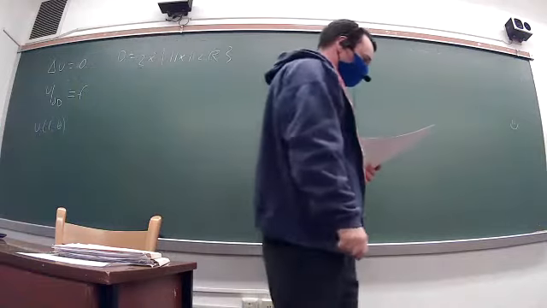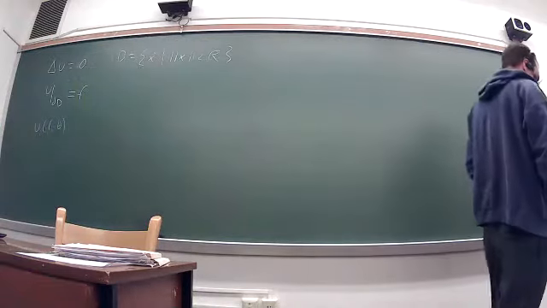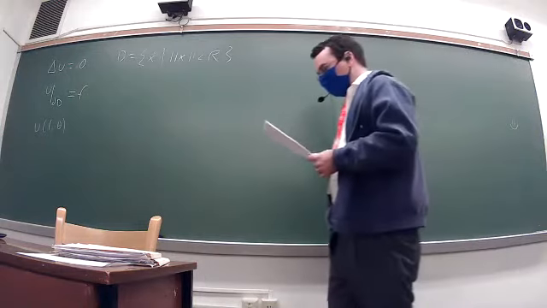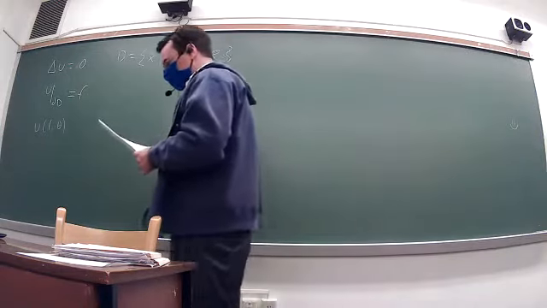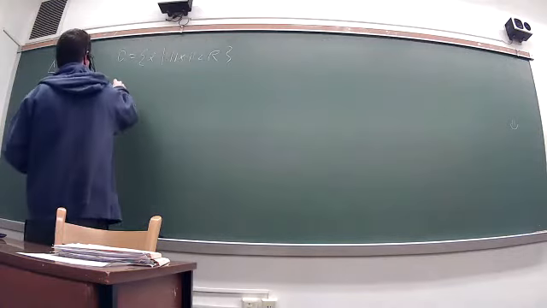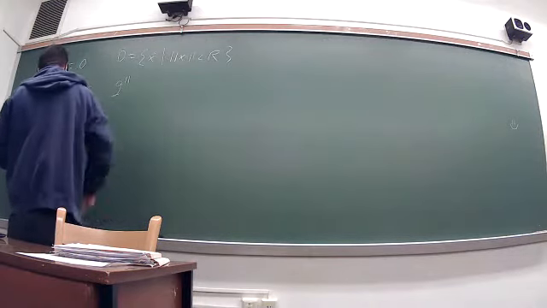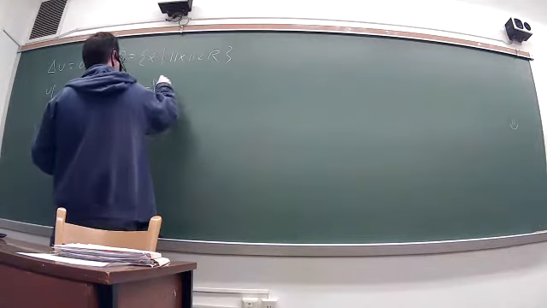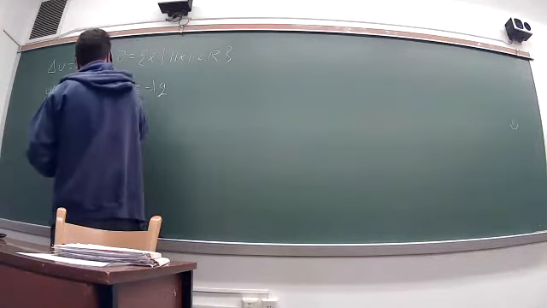We did separation of variables. We said, let's look for product solutions of the form g times y, g a function of theta, y a function of r. We came up with this first equation, g double prime equals minus lambda g.